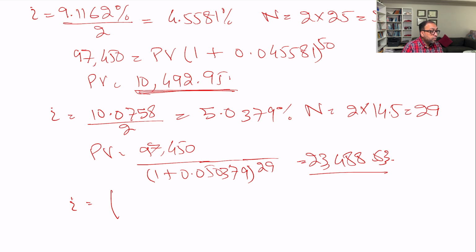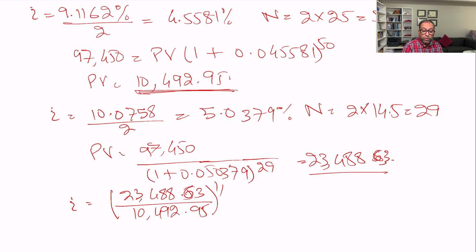future value, which is 23,488.53 divided by 10,492.95, exponent 1 by n, where n is 21 remaining periods, so minus 1.